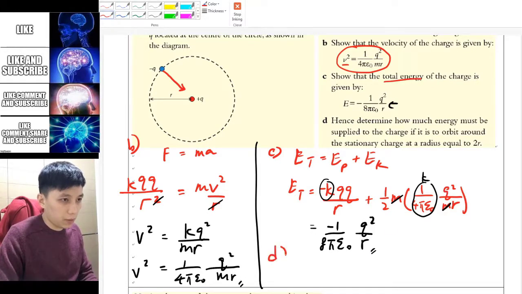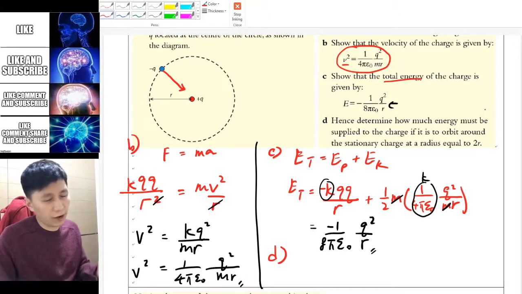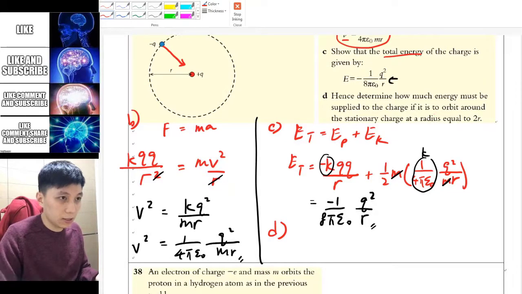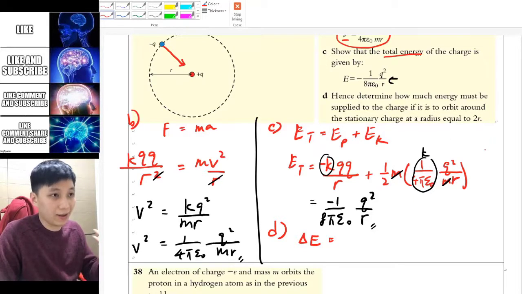Part D is very obvious, because originally it is at the radius of r and it changes to 2r, so you just have to use the equation that you derived in part C. That will simply be the delta E, because it asks you the energy required, or the energy that you need to supply. So now you have this one, and then later on you have another total energy.